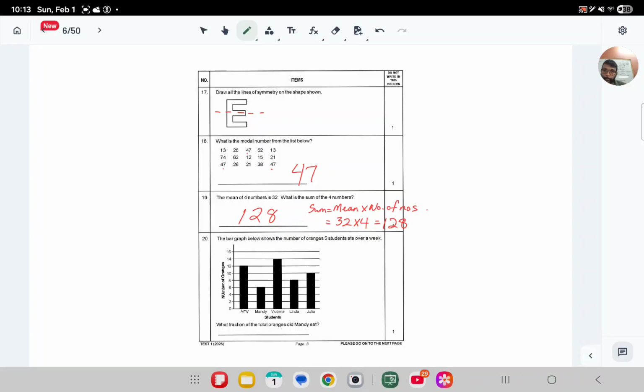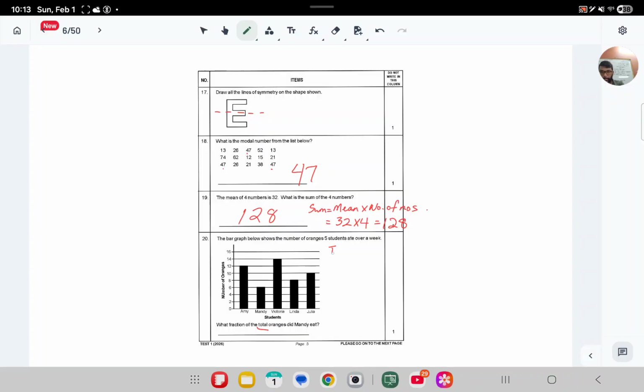Number 20. The bar graph below shows the number of oranges 5 students eat over a week. What fraction of the total oranges did Mandy eat? To begin with, I want to know what fraction of the total. But looking at this here now, they did not give us the total, so we need to find the total. Alright? So to find the total, we need to add up all the bars.